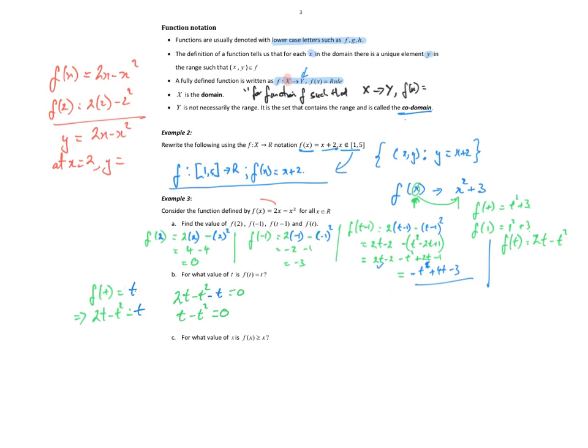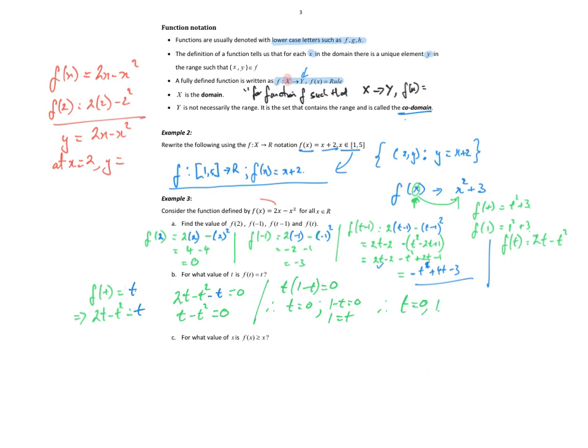So how do I solve a quadratic? I try to factorise. So I'll take a t out the front as a common factor, and I get 1 minus t is equal to 0. Therefore I get t equal to 0, or 1 minus t is equal to 0, so 1 is equal to t. So therefore t is equal to 0 or 1.